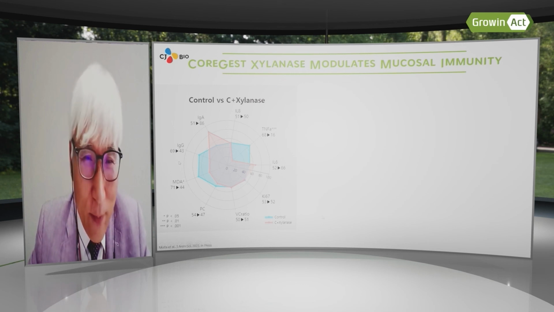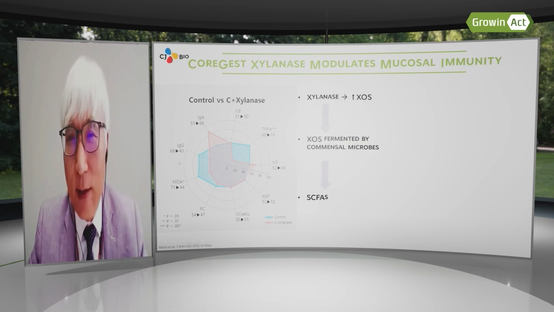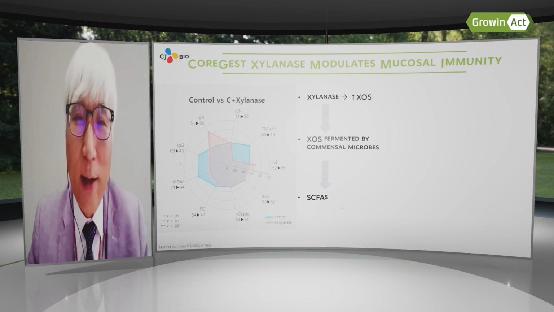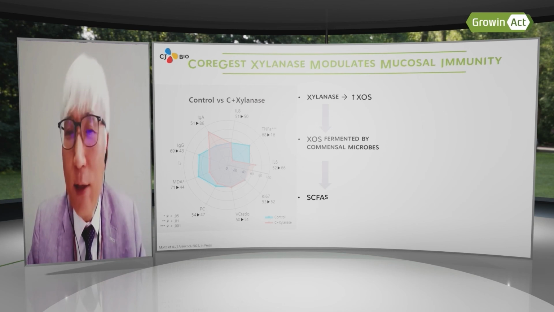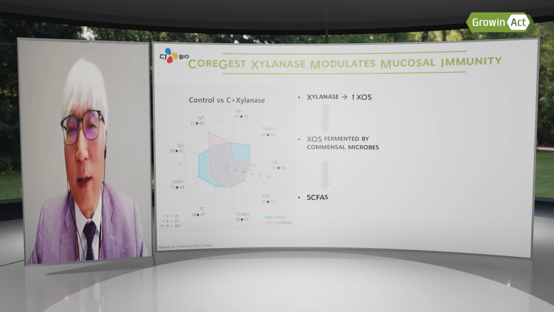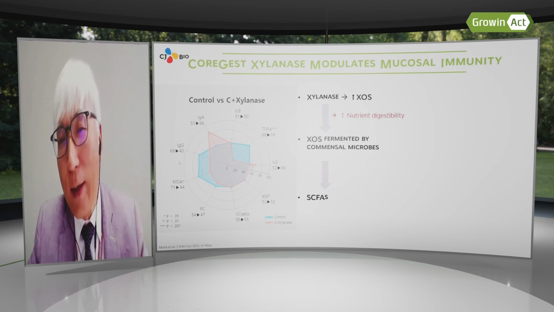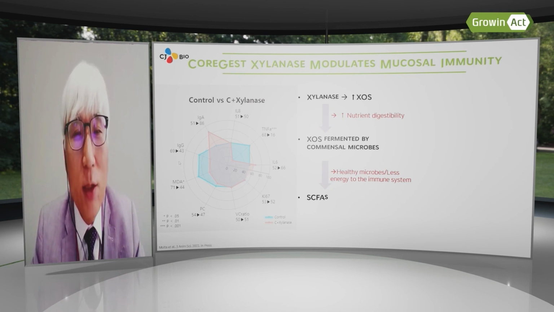So how did this happen? XYLANASE increases xylo-oligosaccharide production in the gut, and that increases xylo-oligosaccharide fermentation by commensal microbiota in the gut, and that produces short chain fatty acid. During this process, we increase nutrient digestion and we increase healthy microbial composition.